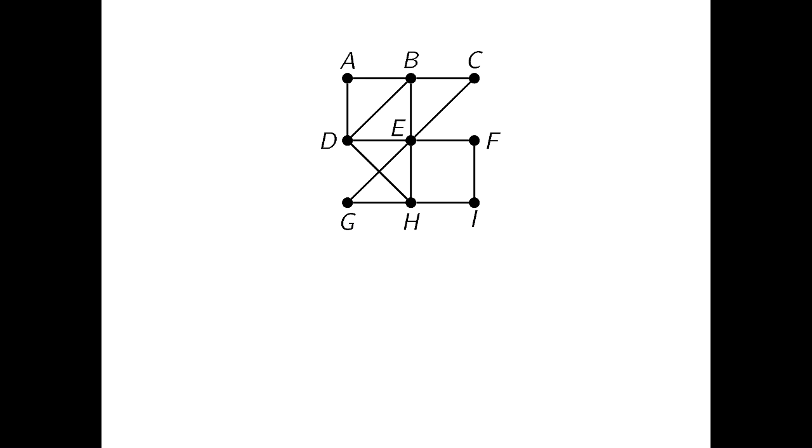Because everything has even degree, and I'm using things up two at a time, if something has an edge for me to come in on, it will also have an edge for me to go out on. So I can't get stuck. And because this is a finite graph, I'm eventually going to come back to myself.